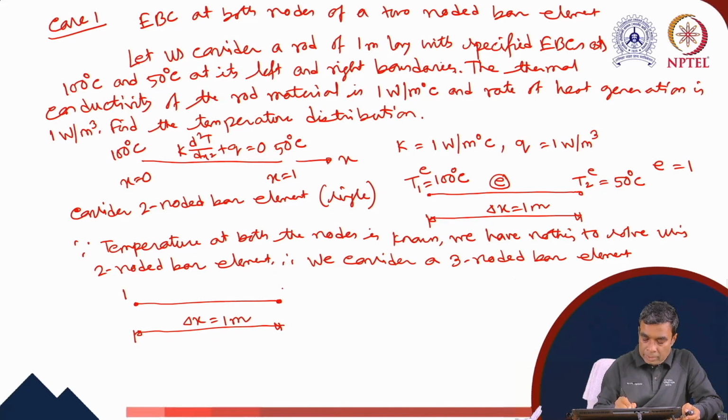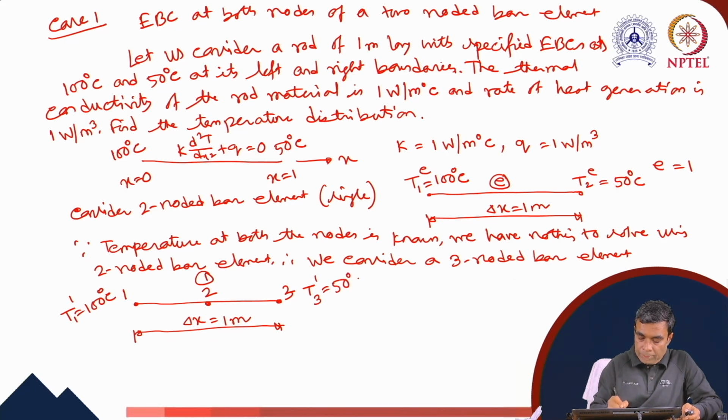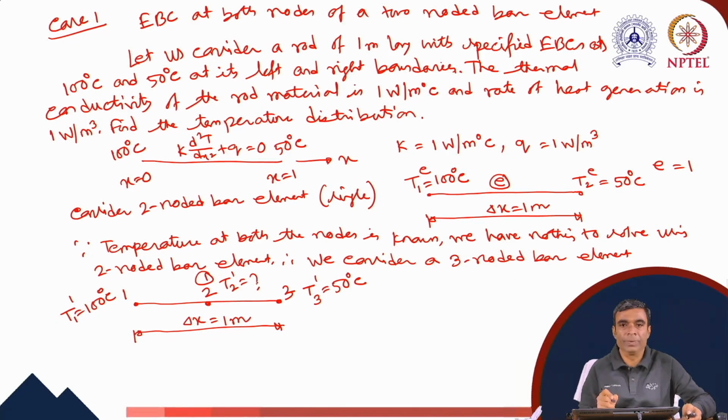This is local node 1, local node 3, and this is local node 2. So we have T1 of element 1 equals to 100 degrees centigrade, T3 of element 1 equals to 50 degrees centigrade. T2 of element 1 is the unknown quantity which we have to find out. Now we know the element level matrix equation system. We generate the IEN array first.